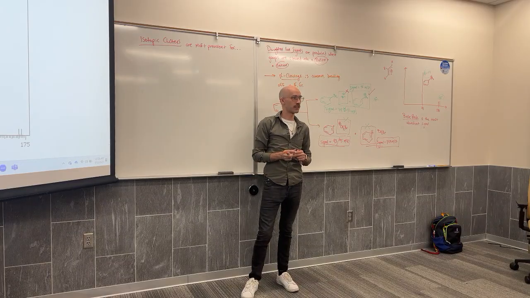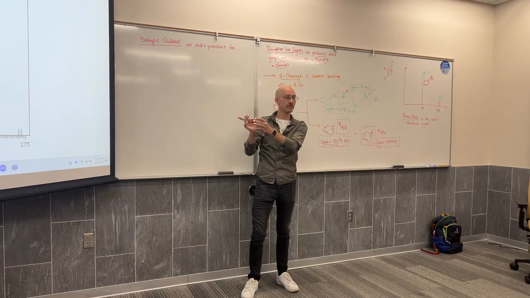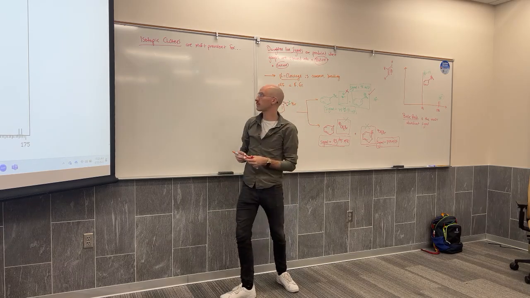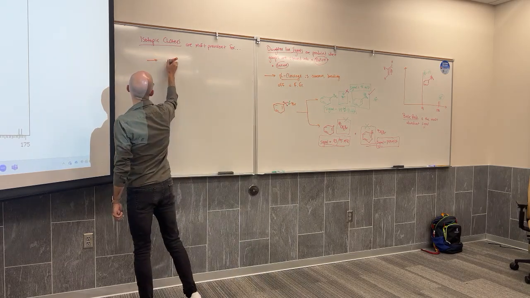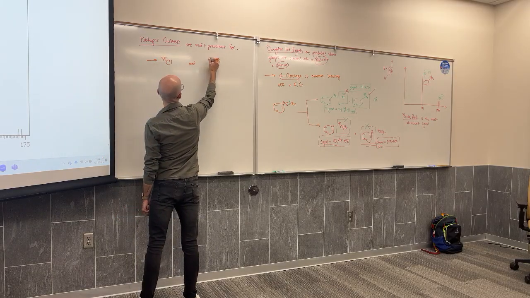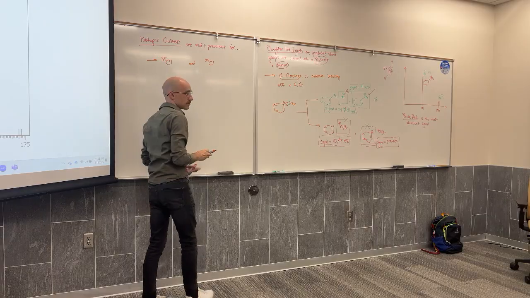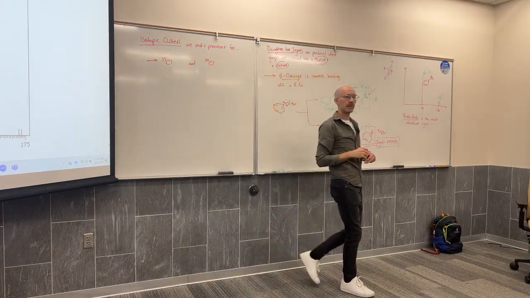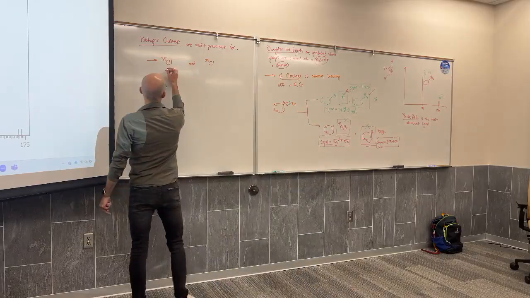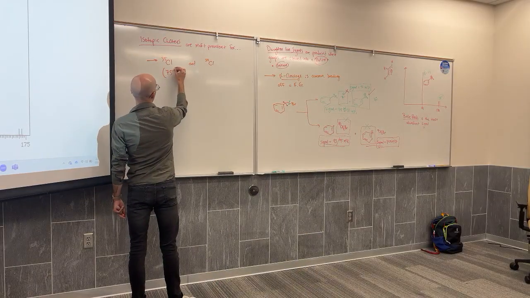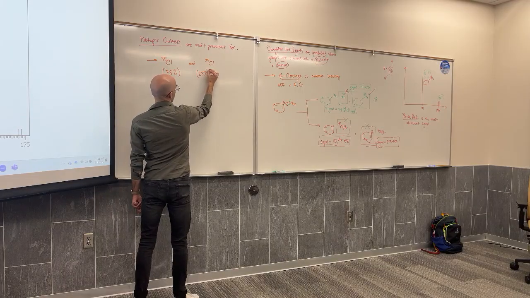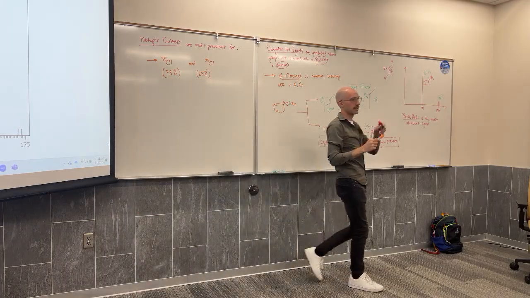An isotopic cluster is a cluster of signals that form from different isotopes being present. Chlorine 35 and chlorine 37, we say that this has a 3-to-1 isotopic cluster, and that's because chlorine 35 makes up 75% of all chlorine. Chlorine 37 makes up 25%.